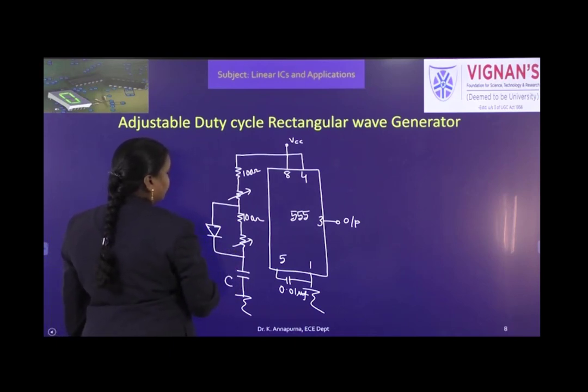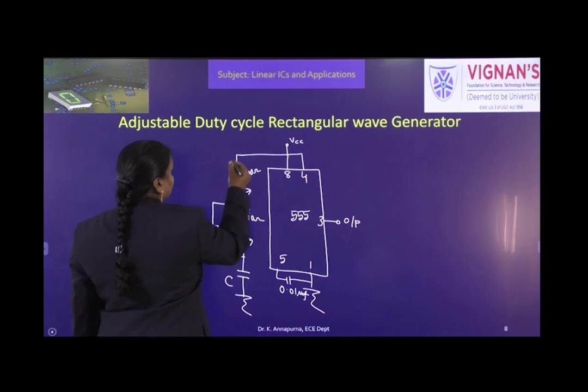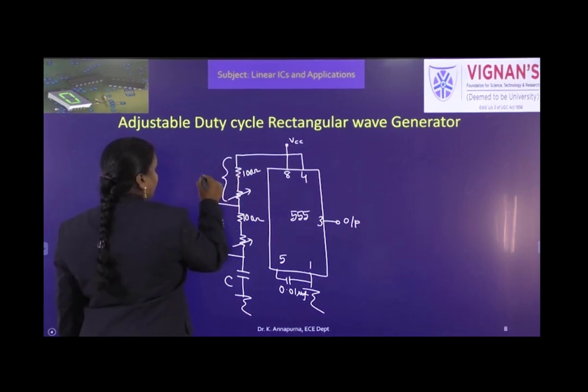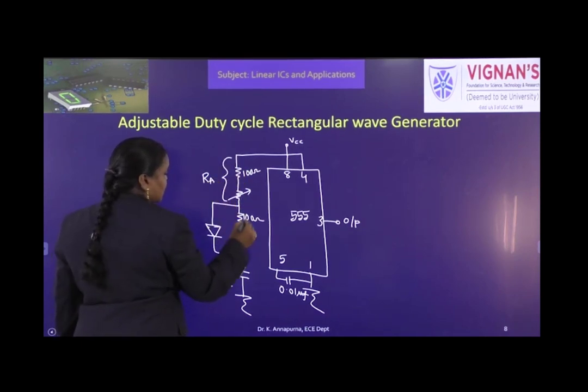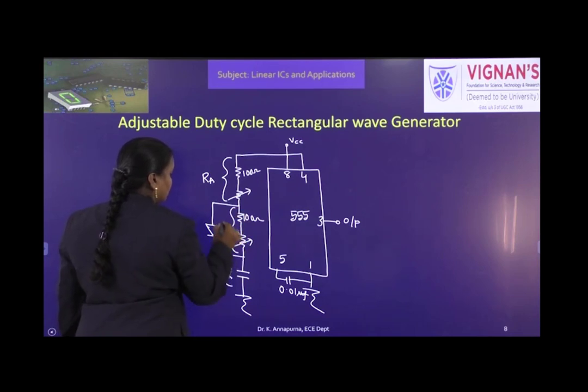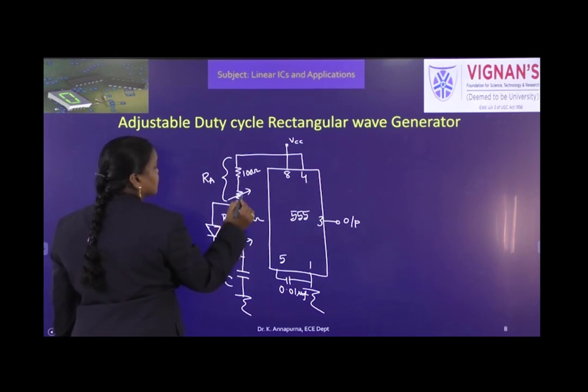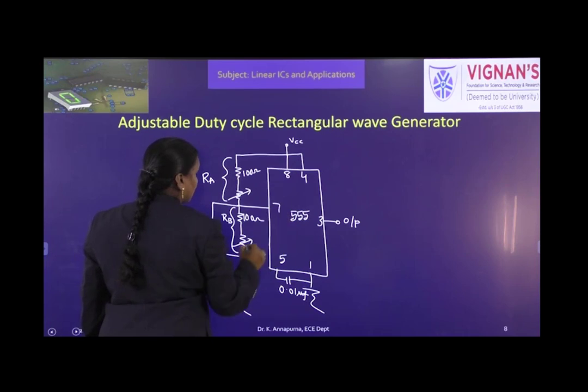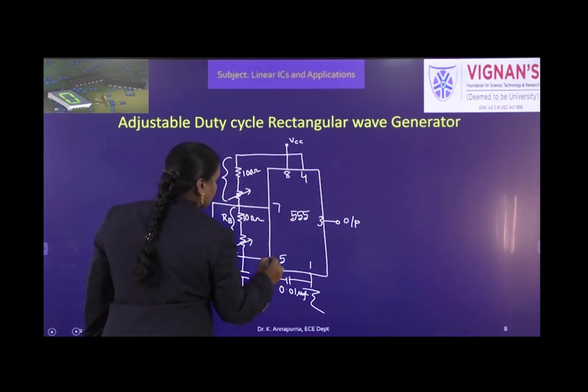This is C, and this combination is RA, and this combination is RB, and this is the 7th pin, this is the 6th pin, and the 2nd pin also here.